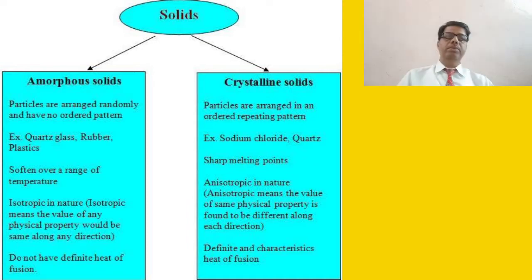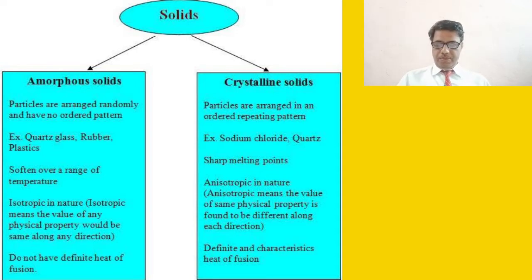They just melt over a temperature interval. And next property, on heating, amorphous solids continuously become soft and start to flow, so they are also called supercooled liquids. And next property, amorphous solids show isotropic property, or they are isotropic.